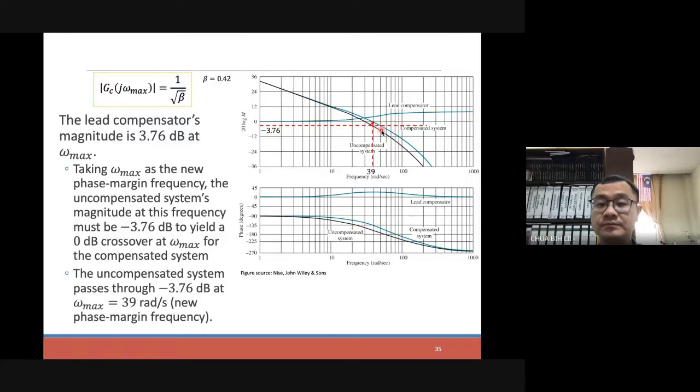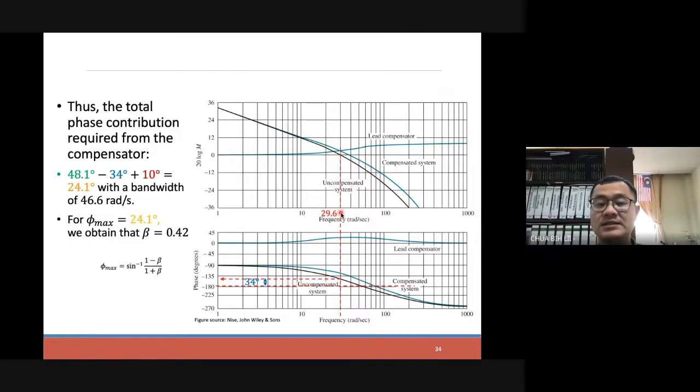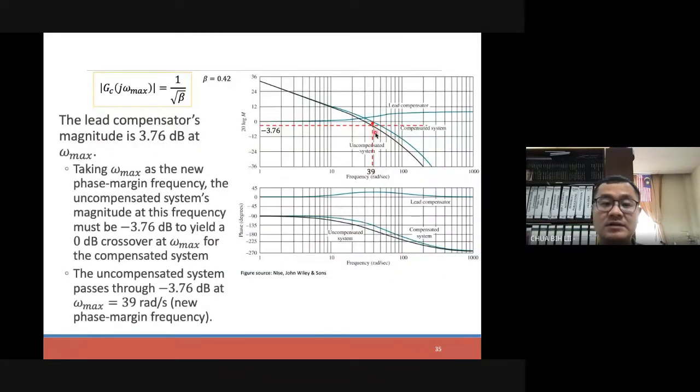From that information, your system now would have a new phase margin frequency of 39, previously 29.6.